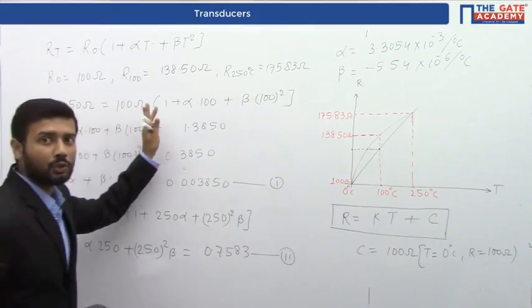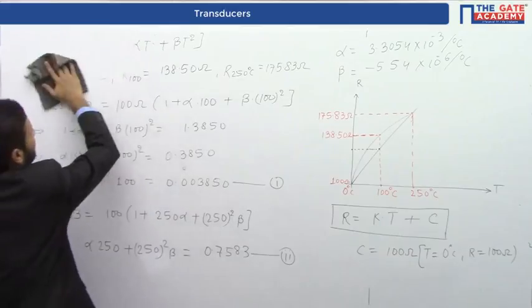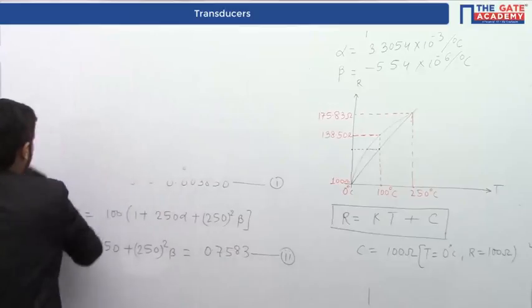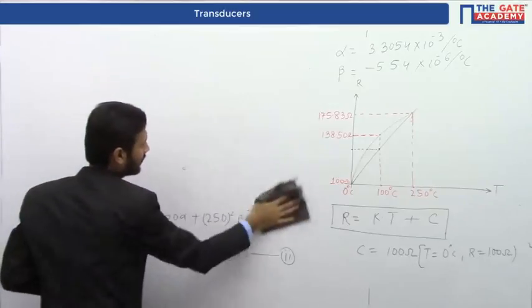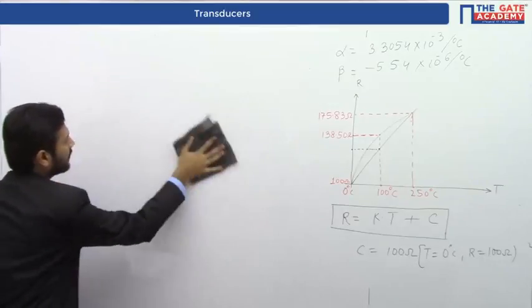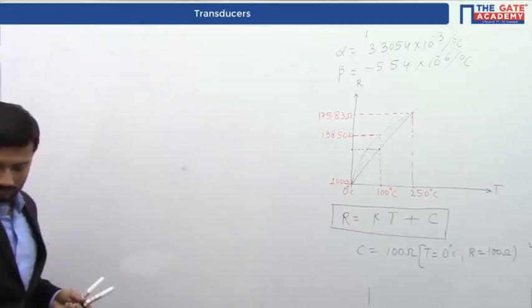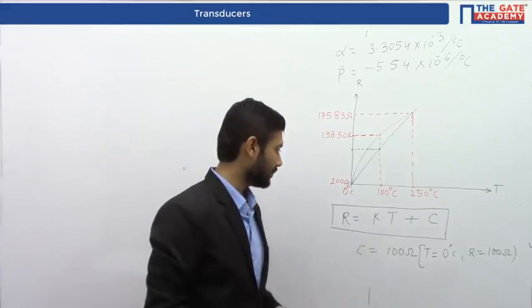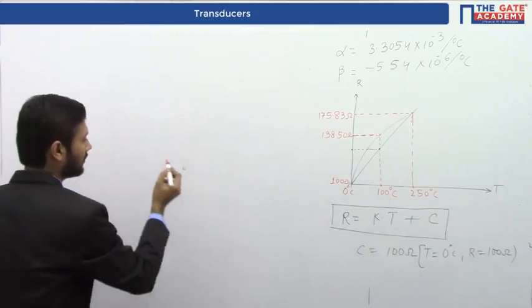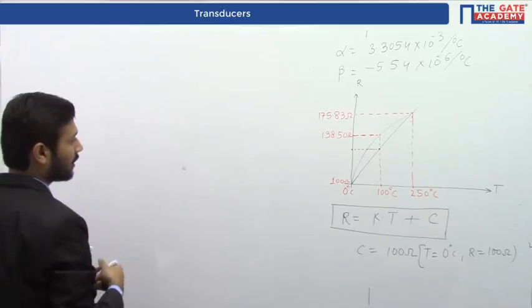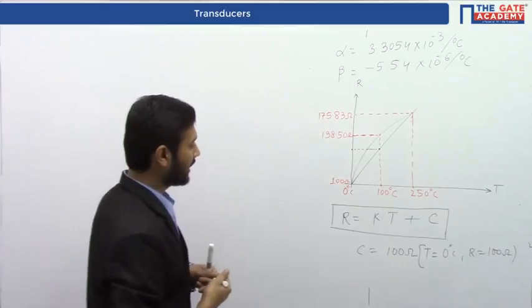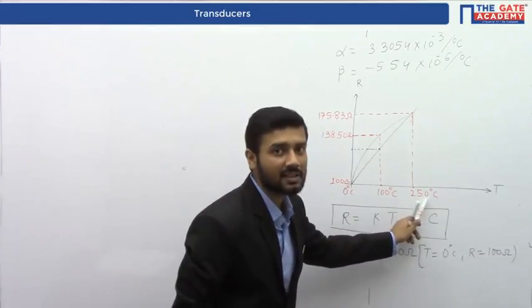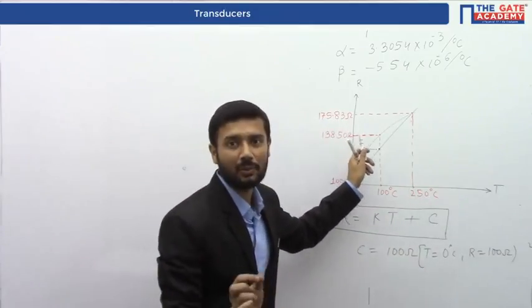Now we have to find the value of K. K is the constant. We know that at T equals 250 degree C, the resistance value is 175.83 ohm.